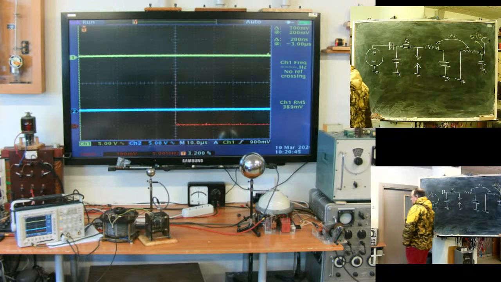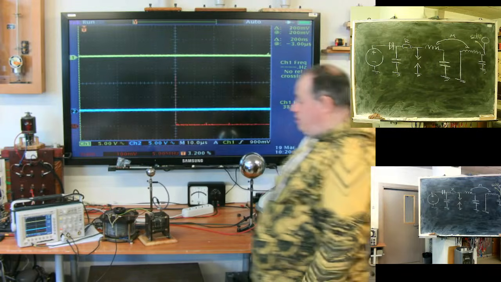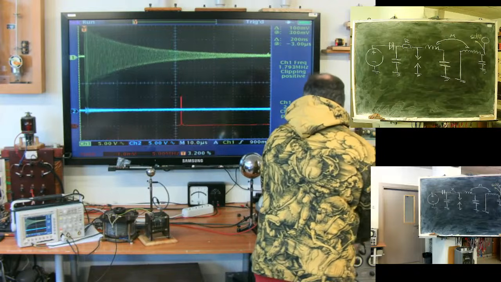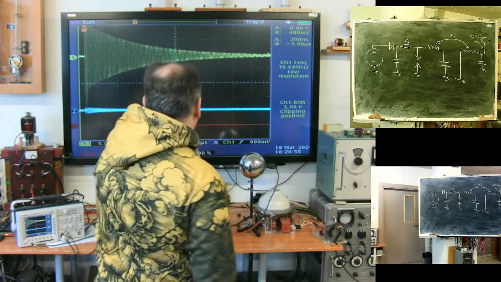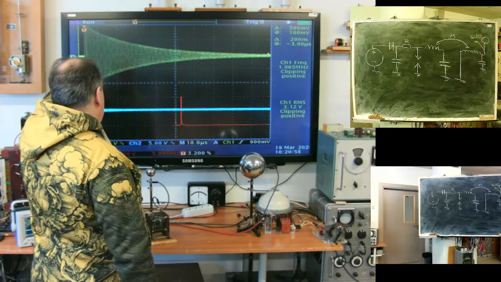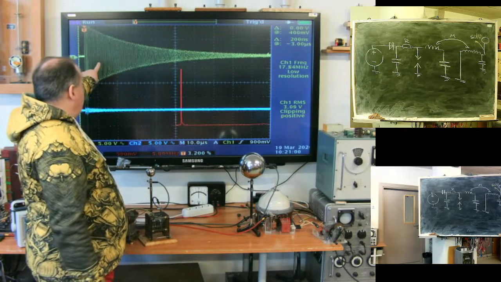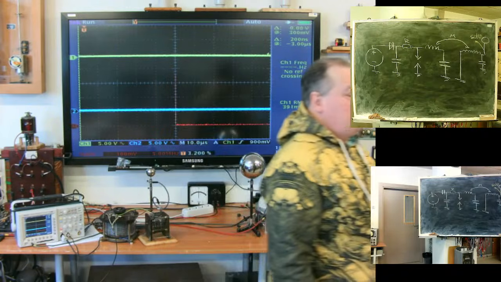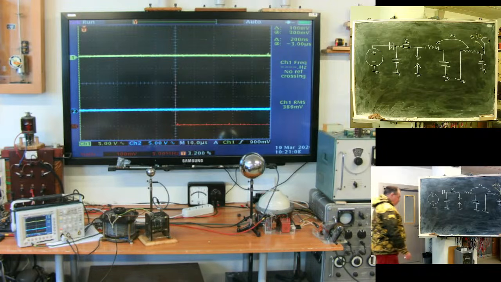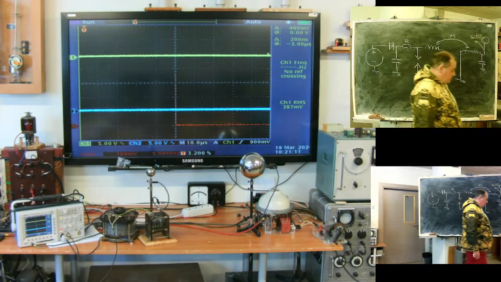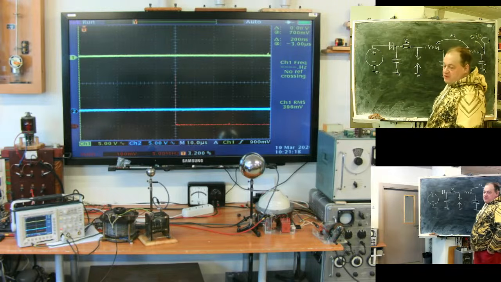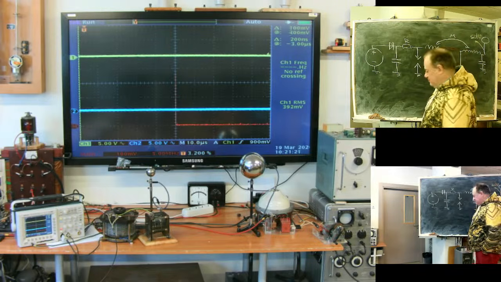For understanding the magnitude, it shows 5 volts, but this divider is 40 megaohm to 10 kilo ohm. It's divided 4,000 times. So this 5 volts is actually 20 kilovolts.